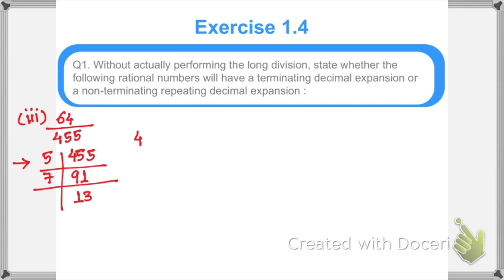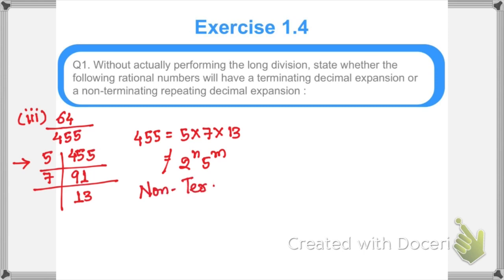So here we can write 455 will be equal to 5 into 7 into 13, and it is not of the form 2 to the power n, 5 to the power m. Therefore this is non-terminating decimal expansion.